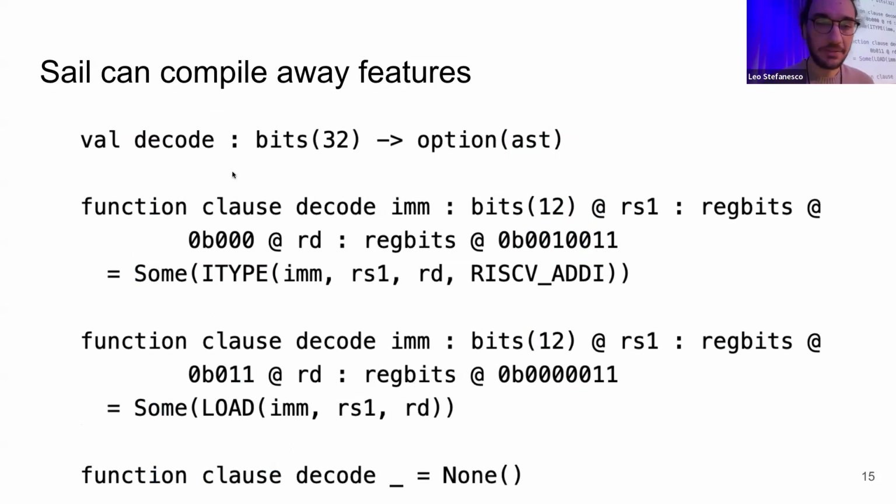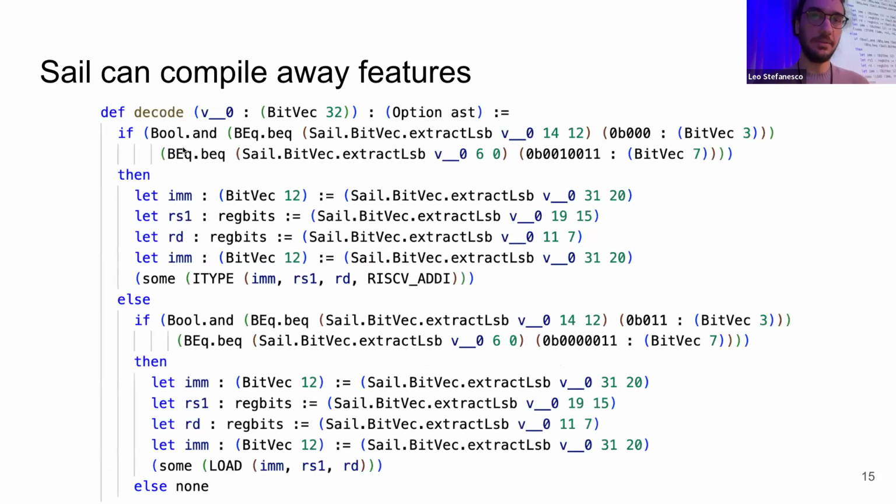We have this first pattern, which says that these 3 bits have to be 0, and these 7 bits have to be this pattern. And this is transformed into an if. It says that if we take these 3 bits, they have to be 0, and the bits from 0 to 6 have to be this pattern. Then we name the sub-branches, and we return, and so on. But of course, the problem is that it can create very large functions.